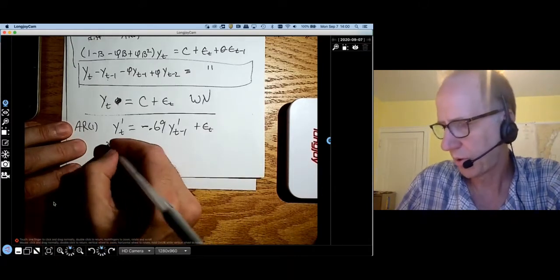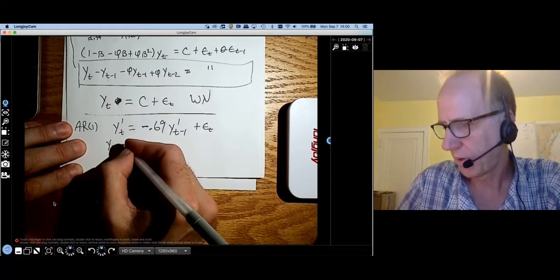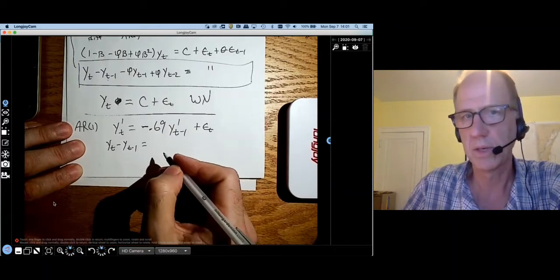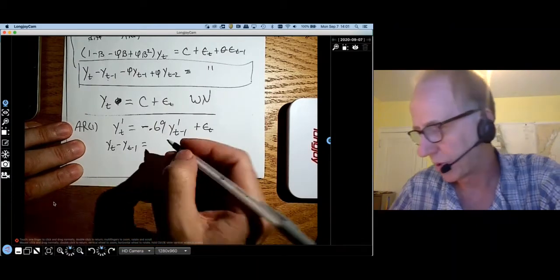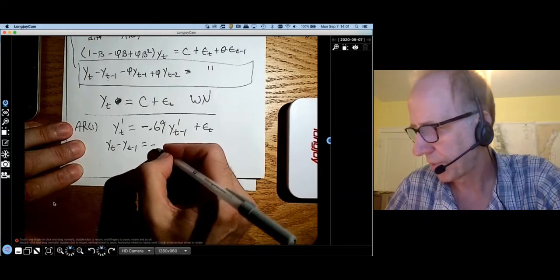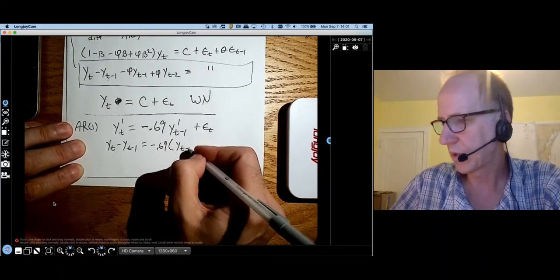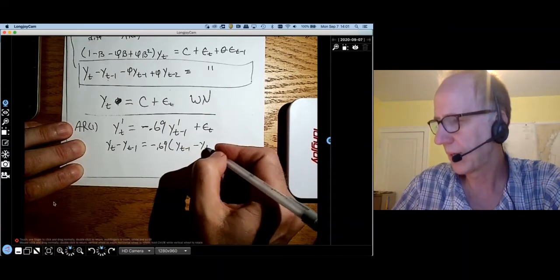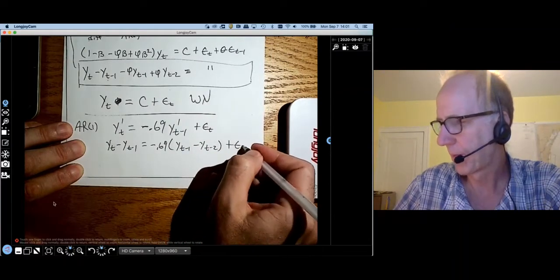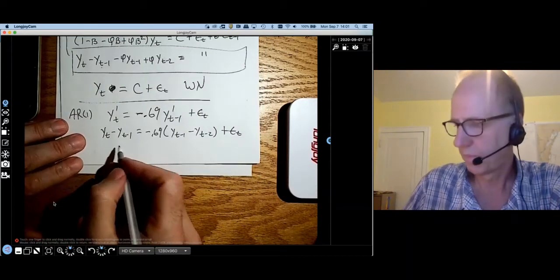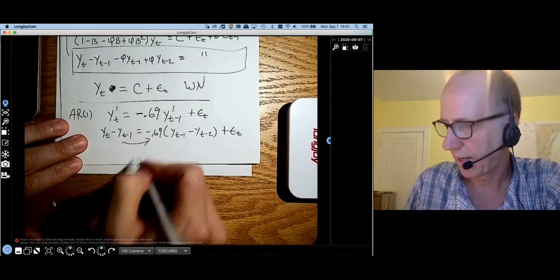Now, of course, we could fill in all the pieces here and write out the equation without differencing. So this would be minus 0.69 times y t minus 1 minus y t minus 2 plus our epsilons. And then we could go move this term over to the other side if we want.